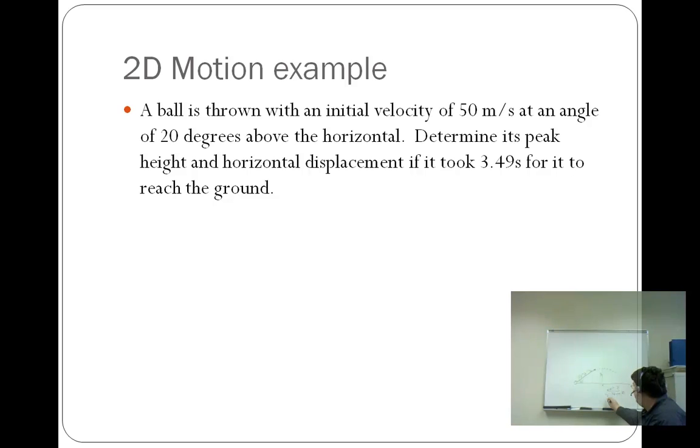And I know the time is 3.49. What else do I know? Well, I know that acceleration is going to be 0 because there's no force acting on it. I'm looking for the distance.